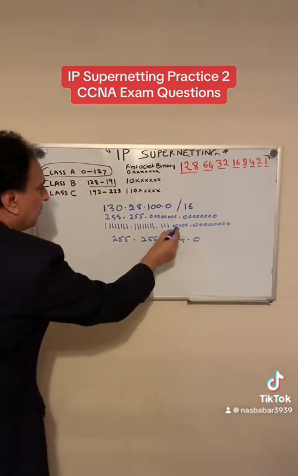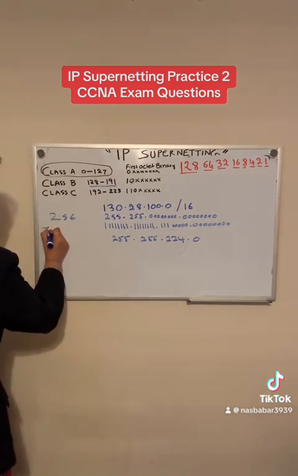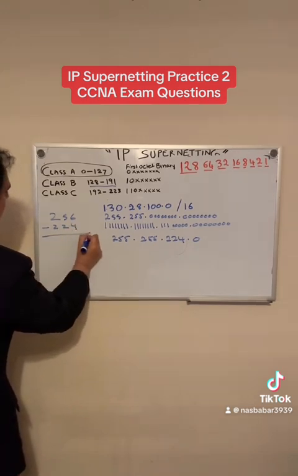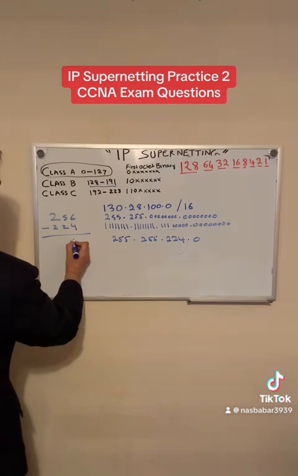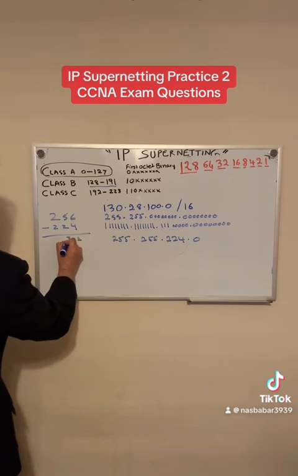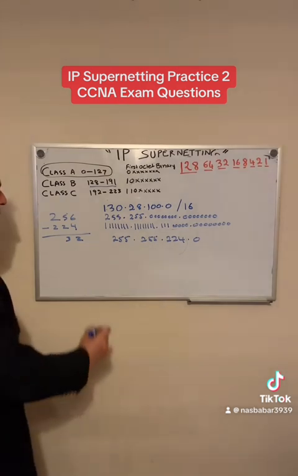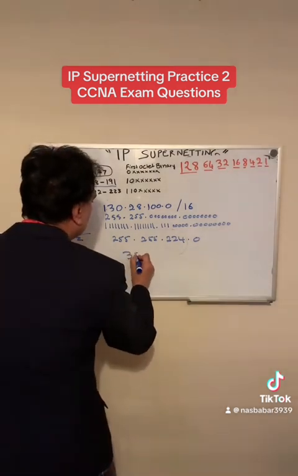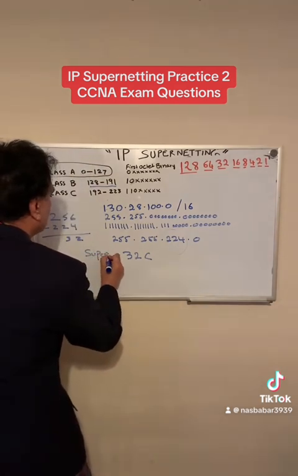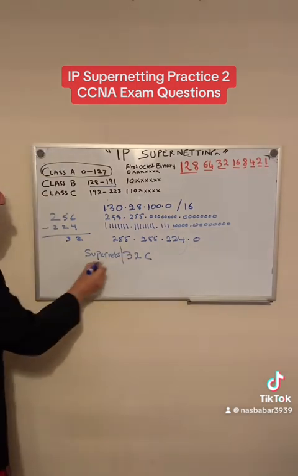Third octet, the one which we manipulated. 256 minus 224 will give me 32. Right? Agree? So then we will get 32 class C supernets. Okay? 32 class C supernets.